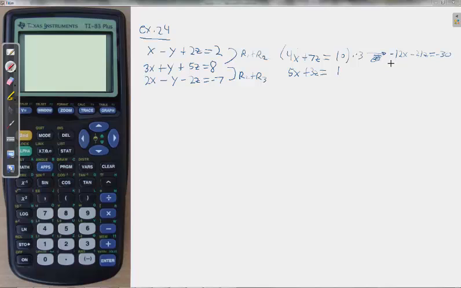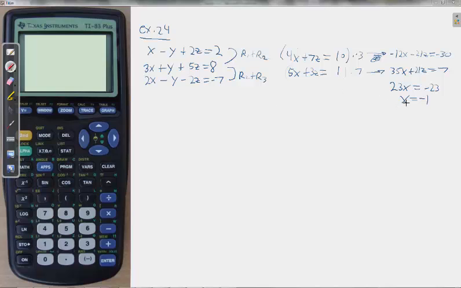And the bottom one would be, see, I want to get to 21, so I had to multiply by 7. So 35x plus 21z equals 7. So I end up with 23x. I think that's right. Yeah, 23x equals negative 23. So x equals negative 1.